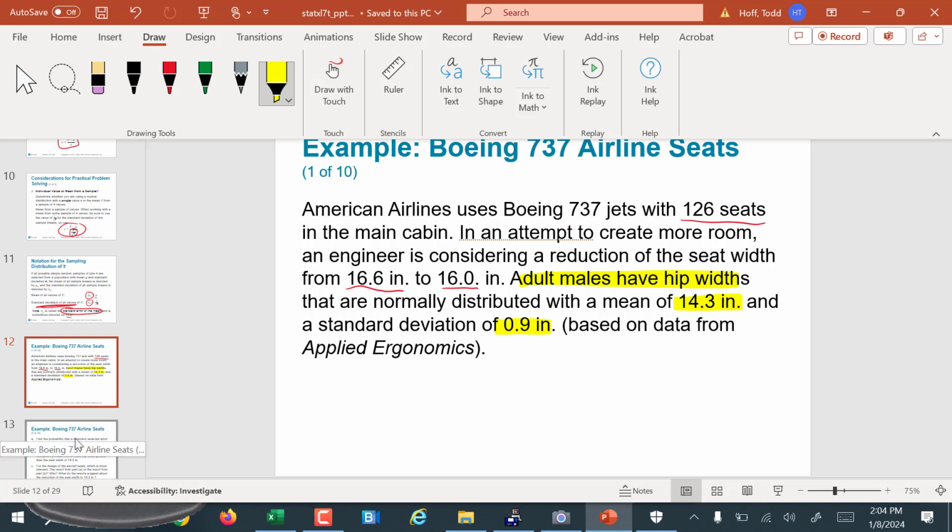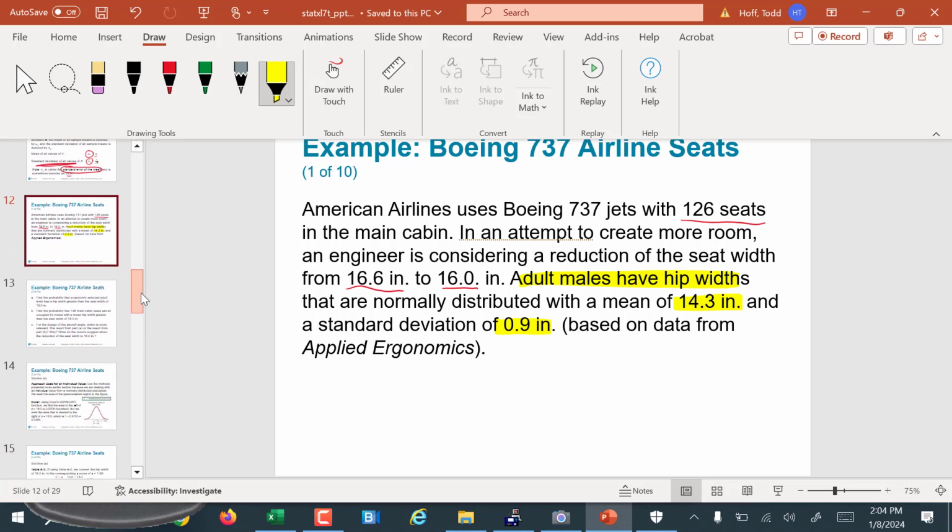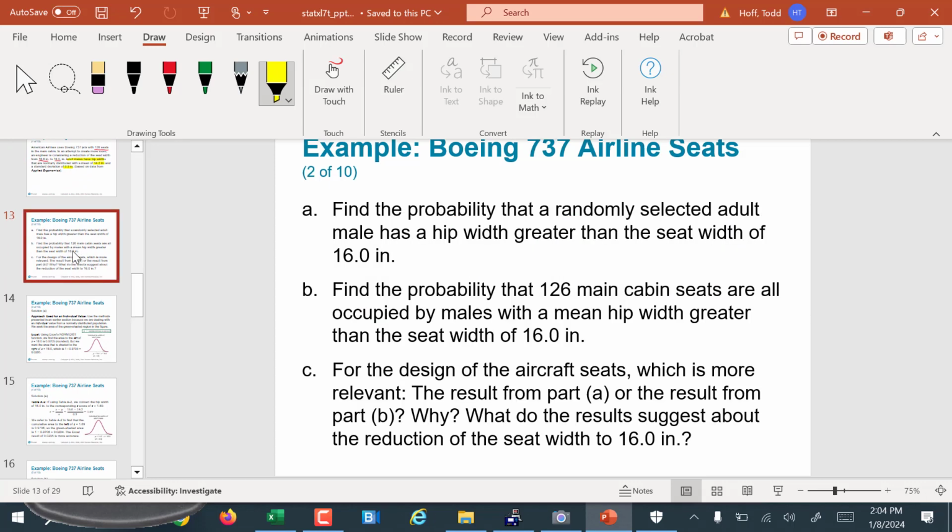Let's use that then to answer a couple of questions. Our first question is, what is the probability that a randomly selected adult male is wider than 16 inches? So this is a single individual. We are not looking at the mean of a sample here.